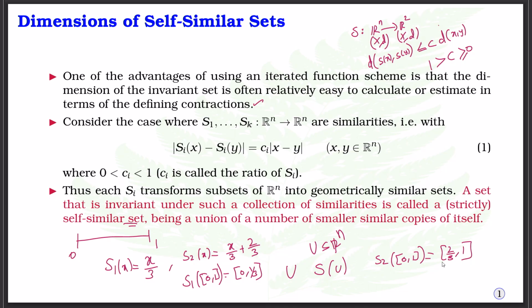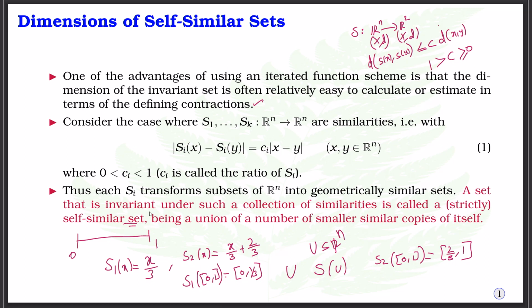In the same way, [0,1] and [0,1/3] are geometrically similar sets. If you take the union of these two sets, we get the first iteration of the Cantor set.